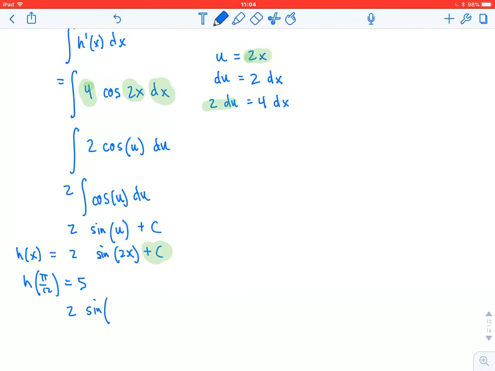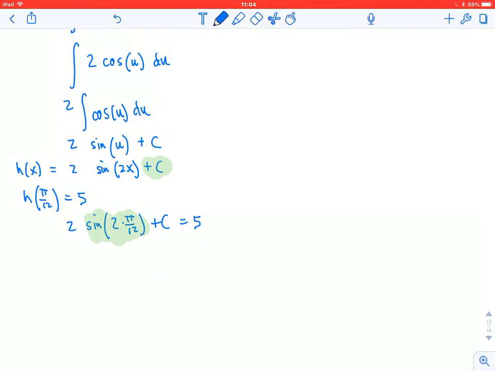So 2 sine of 2 times pi over 12 plus c is equal to 5. We can simplify this a little bit because this simplifies to 2 sine of pi over 6 plus c equals 5.